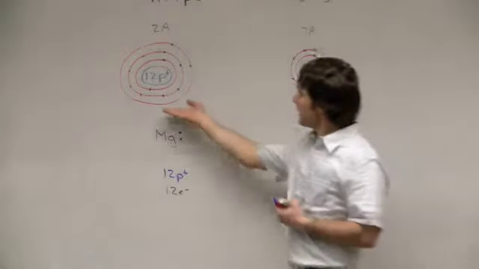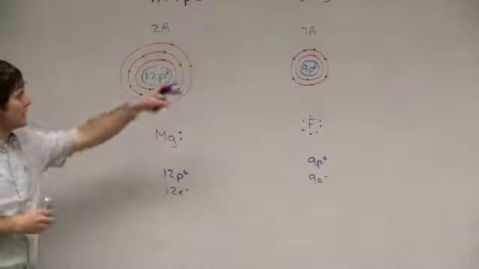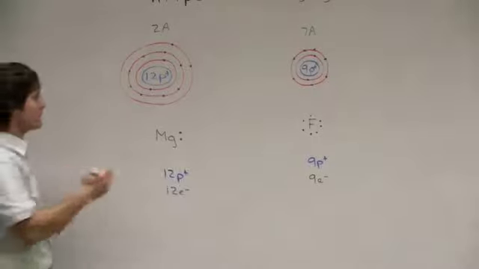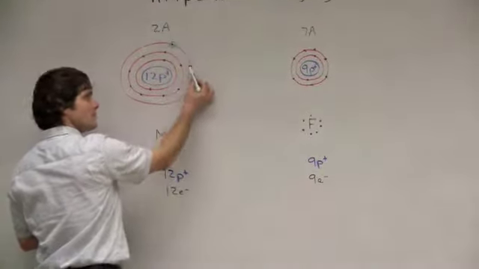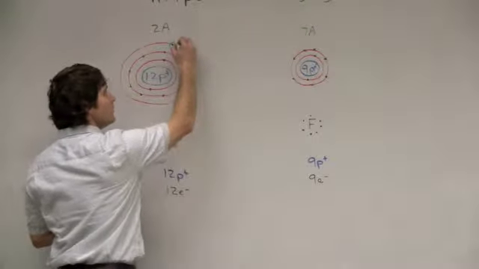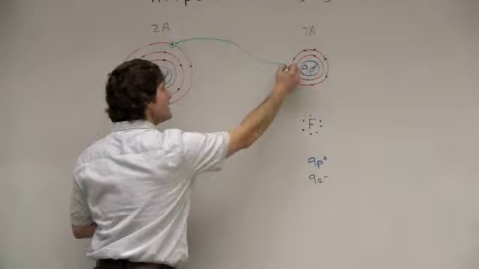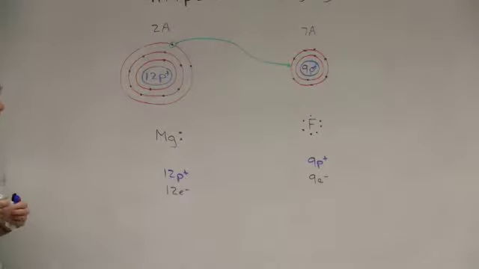So we've seen the metal atom wanting to lose electrons and the non-metal atom wanting to gain electrons. But this example is a little bit different because magnesium wants to lose 2, but fluorine only wants to gain 1. And so we see magnesium transferring 1 of its outer electrons over to one of the fluorines.